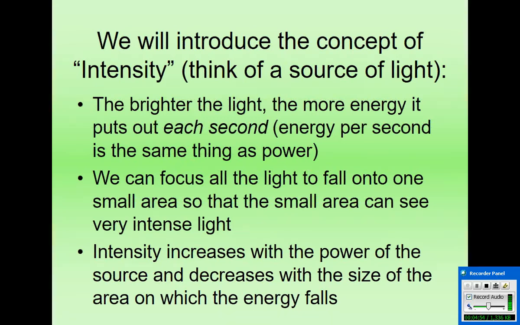So the area that is covered by the light also factors into it. A very small area means that there's very high intensity where there is illumination. So what do we have? We have that intensity increases with the power and decreases with the area that is being illuminated. The more area that is illuminated, the less intense the source.